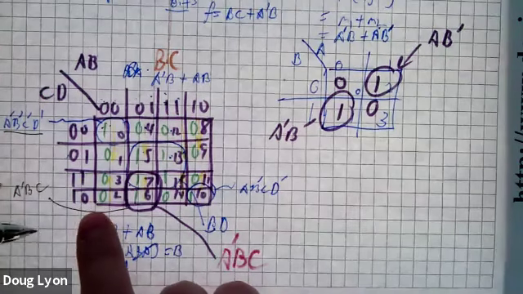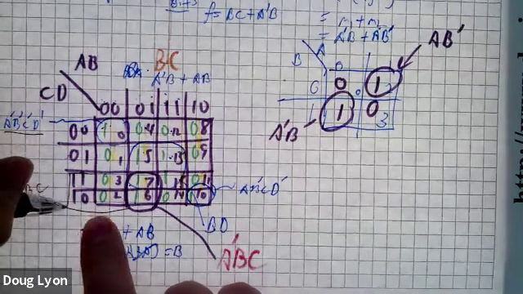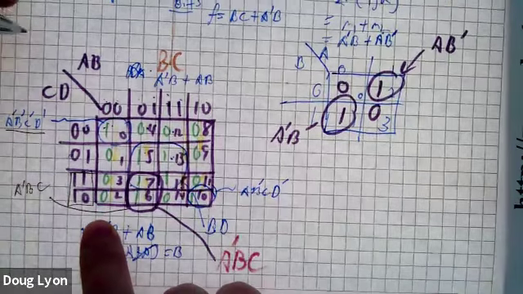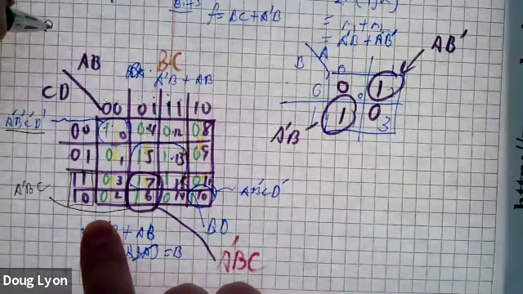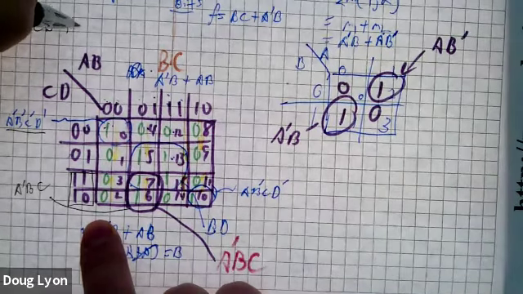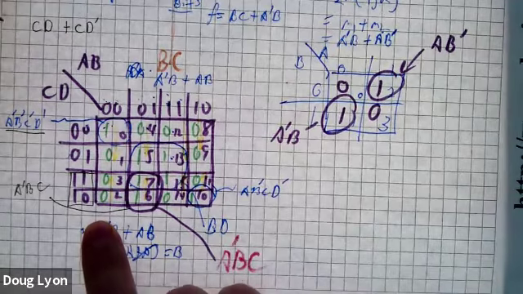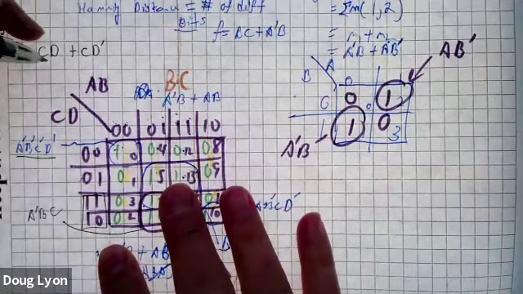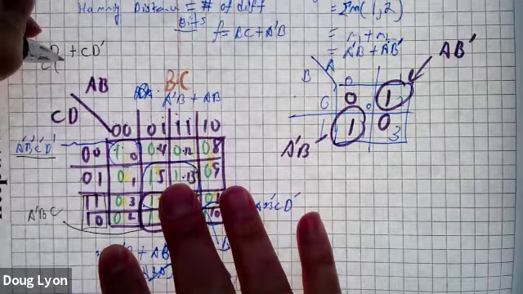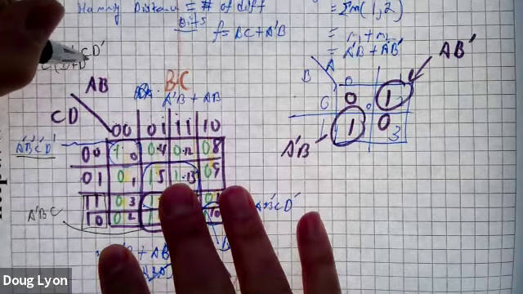Here's the answer. Why don't we show the D? Because if you look at these 2 terms right through here, that corresponds to C D or C D prime. And if you want to factor out the common, you get D or D prime.